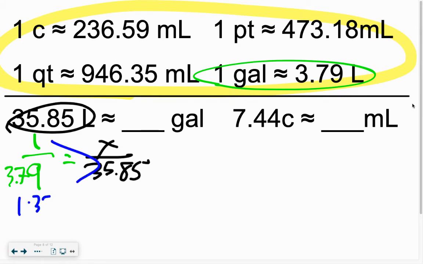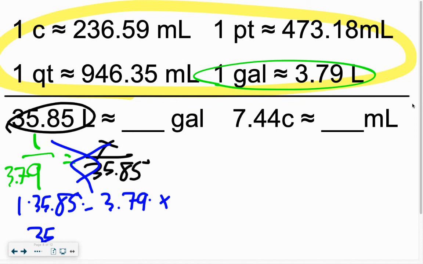1 times 35.85 equals 3.79 times x, which is 35.85 equals 3.79x, divided by 3.79.